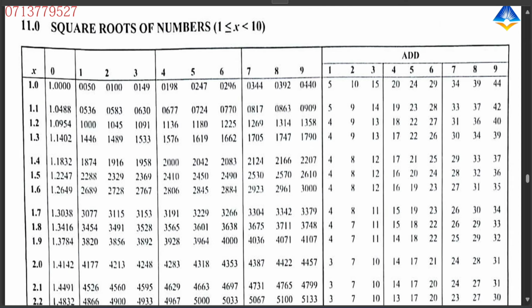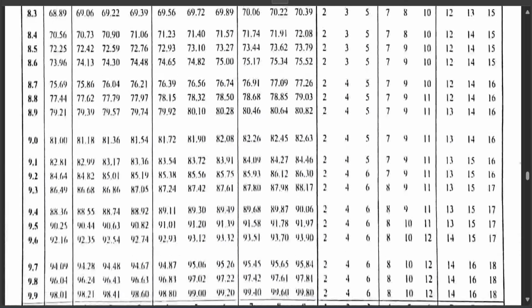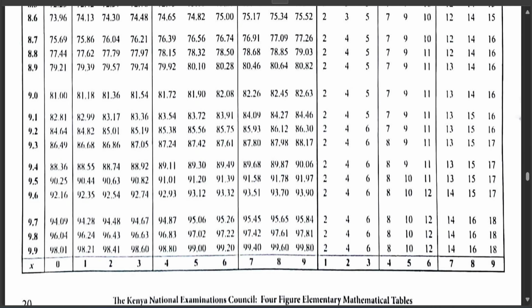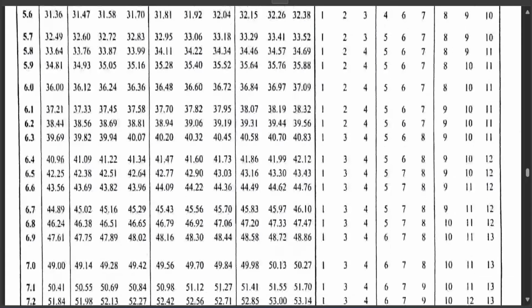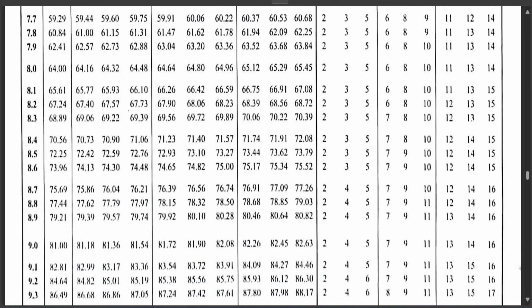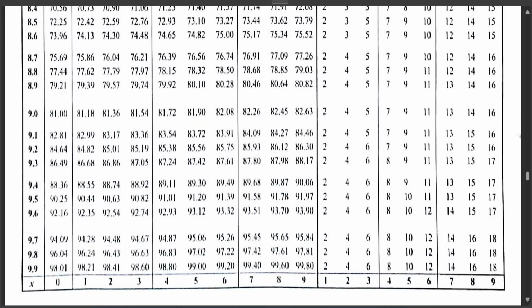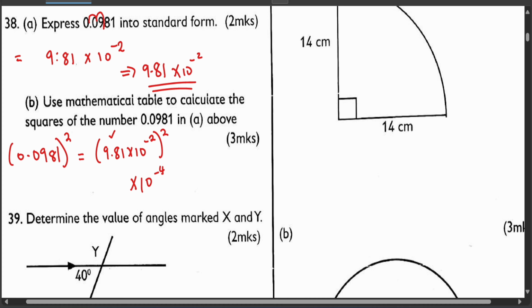So you go to the full figure table, square of 9.81. But let me confirm, is this the square table? Yeah. So 9.81 squared is 96.24. So this is 9.80, 9.81, 96.24. So the square of 9.81 is 96.24.